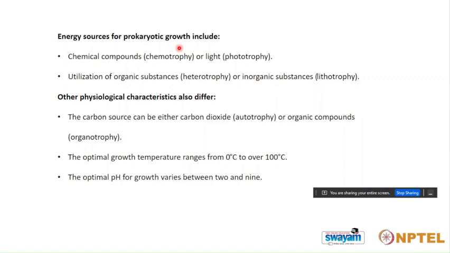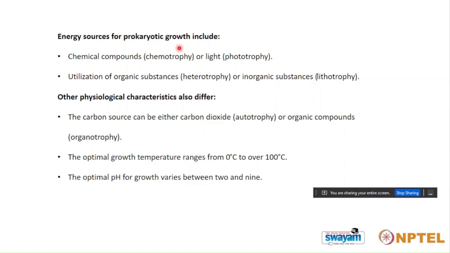And based on the kind of substances a prokaryote is using, we can classify the mode of nutrition as heterotrophy and lithotrophy. If an organism uses organic substances for growth, we call it a heterotrophic organism.